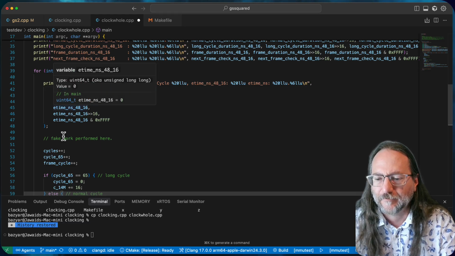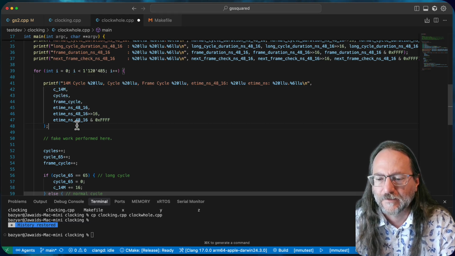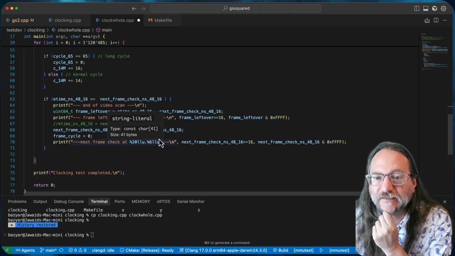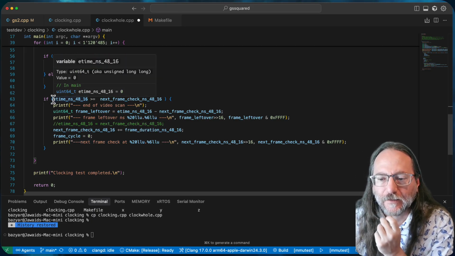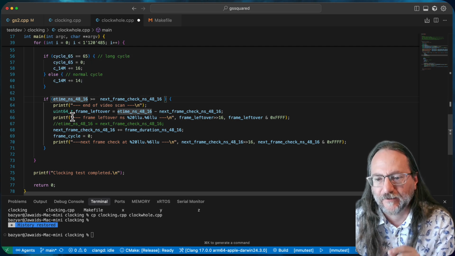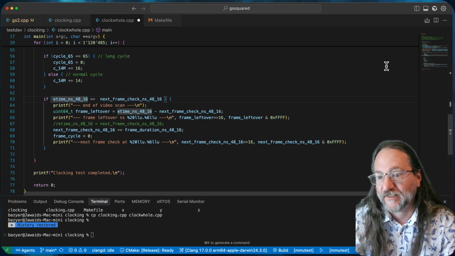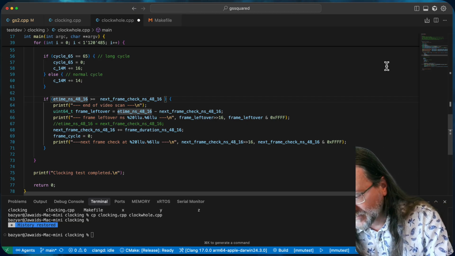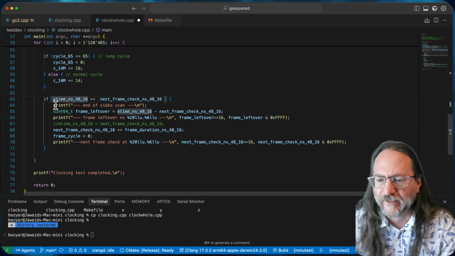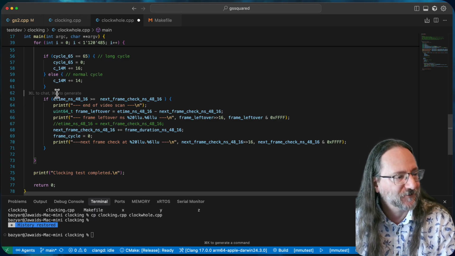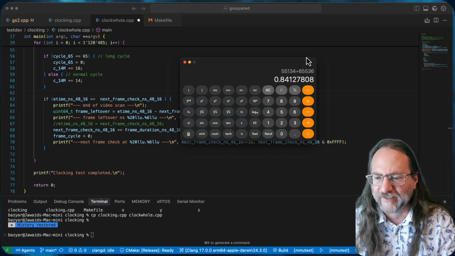Elapsed time. Okay. If I'm not going to do elapsed time here, at the end of a frame it is exactly 17,030 CPU cycles. But if I'm tracking this in 14M cycles, then it's a different calculation.